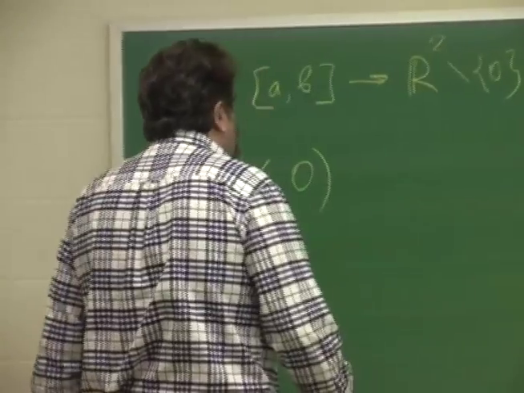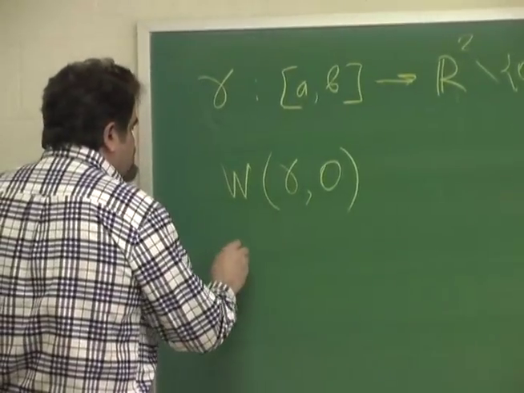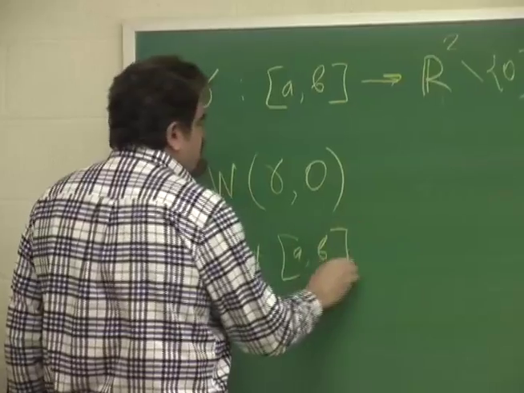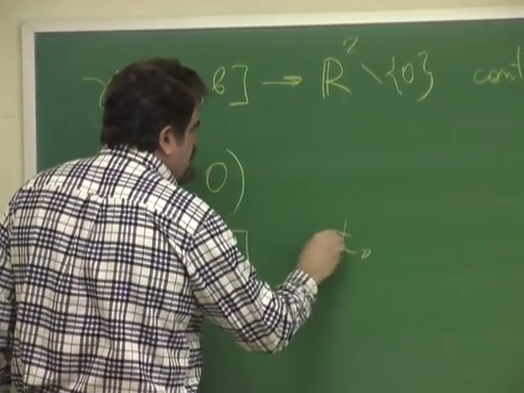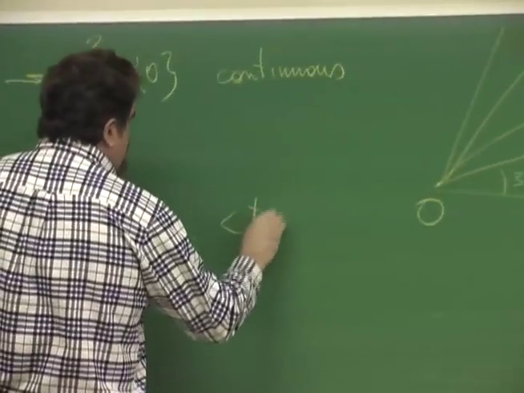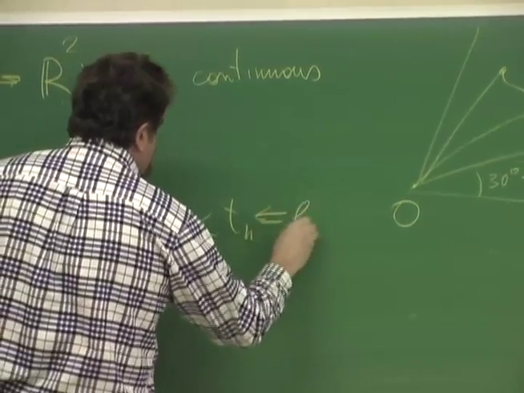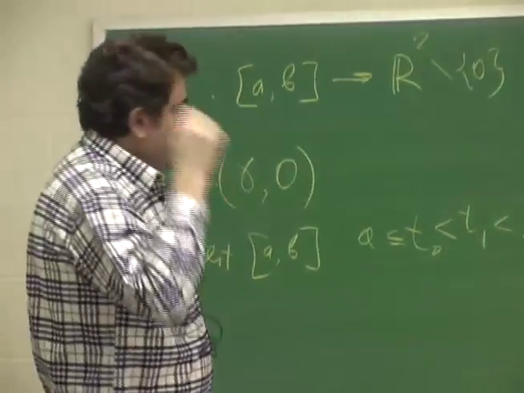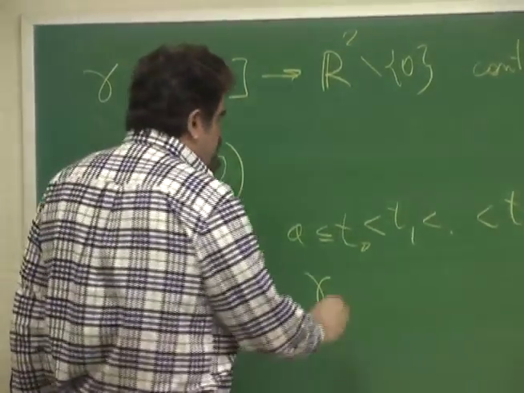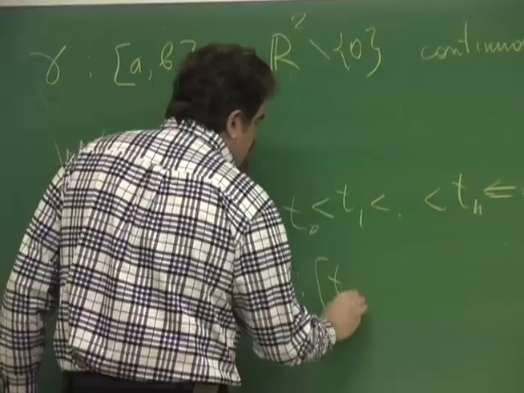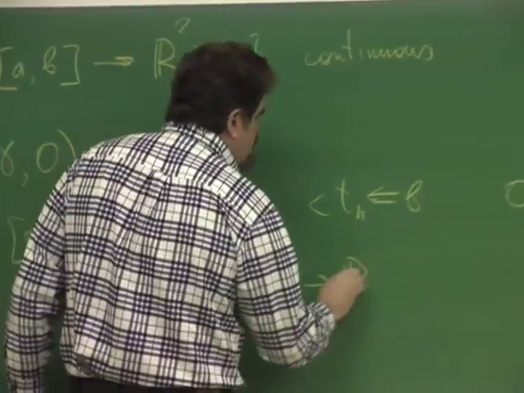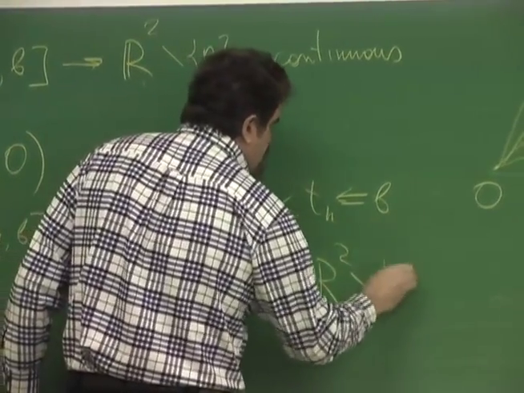So we can do the following. First of all, we split [A, B] into small pieces, choosing t0 equal to a less than t1 less than ... tn, which is exactly b. And we can consider gamma i, which is a mapping of [ti, ti+1] to R2 minus the origin.